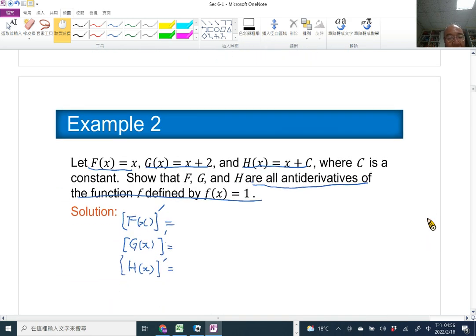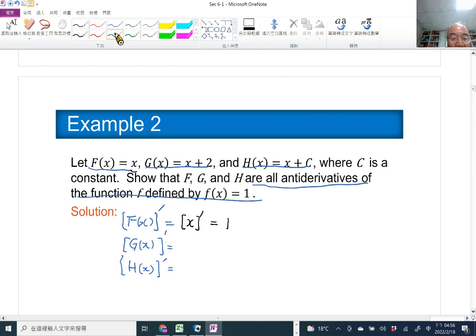Okay, now in order to have a better idea about what the antiderivative is, we try to give you some examples. For instance, here we have capital F of x equal to x. Then the derivative is equal to 1.